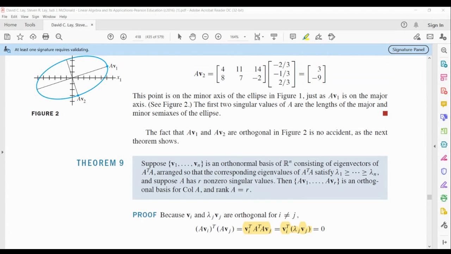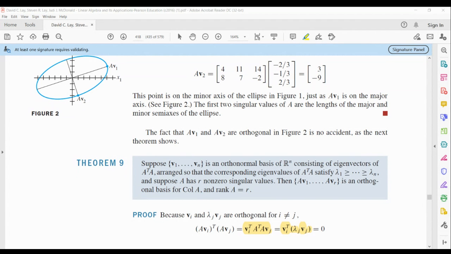If we take the dot product of the vector Avi with the vector Avj, the vector vj is an eigenvector for A transpose A. So we can write A transpose A times vj as lambda j times vj.